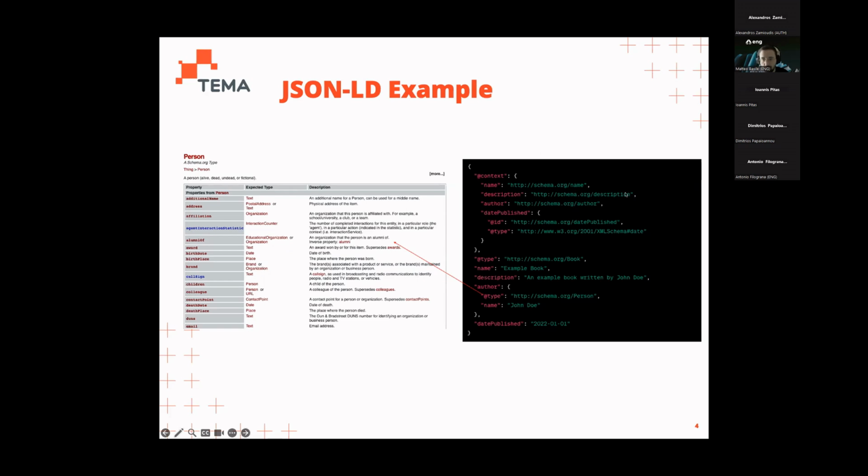I can open this description and see, okay, the description means that, and it is a string, the max length is tot, and so on. So in this case, I'm able not only to understand the meaning of each attribute, but also the different meanings of the attributes, because the name for the book is different with respect to the name for the author.